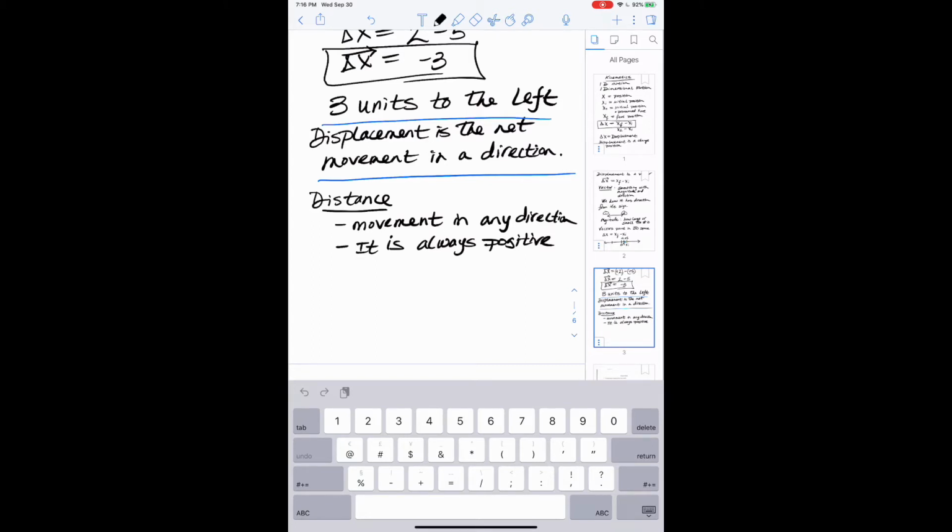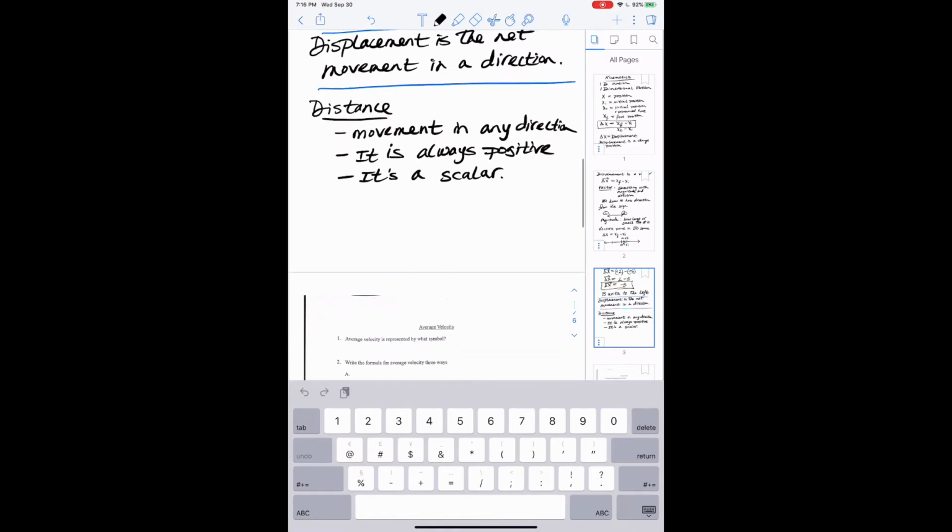So direction doesn't matter, it's always positive. Therefore, it's a scalar. Now, what's a scalar? Well, a scalar is something that has magnitude, but no direction.